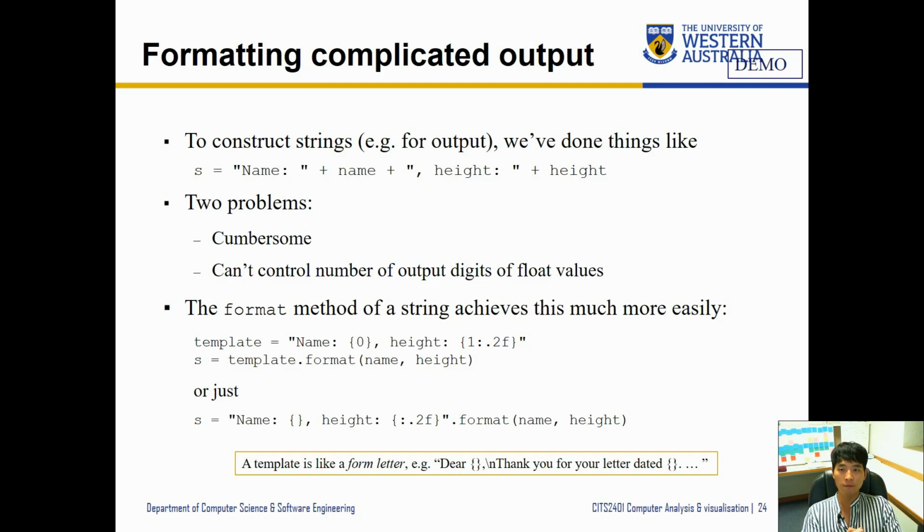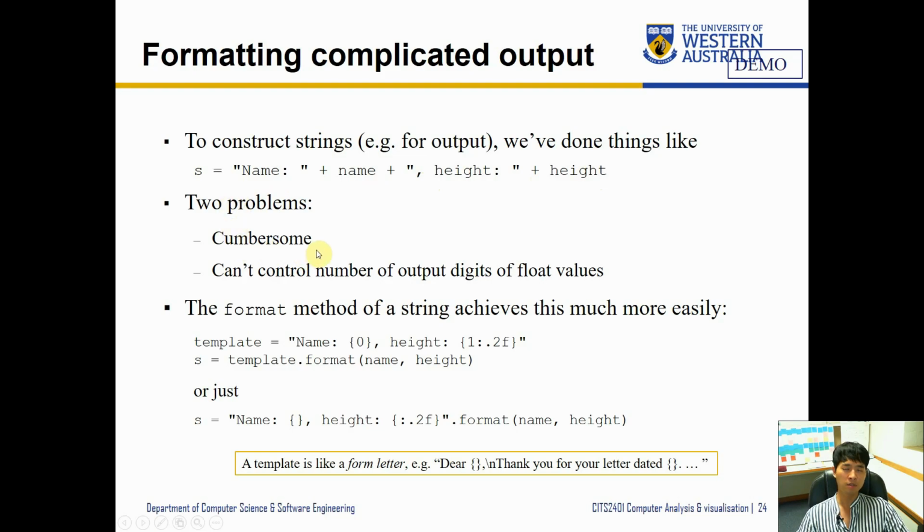If we want to create a string combining all of them, the equation actually gets quite complicated. For example, it looks like this: s equals name plus name, height is plus height, and the more variables we have, the messier this equation is going to be. So there we have two main problems with this.